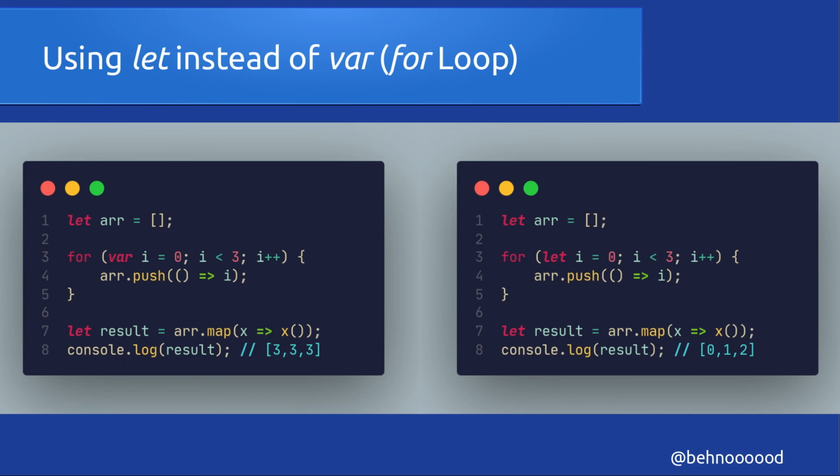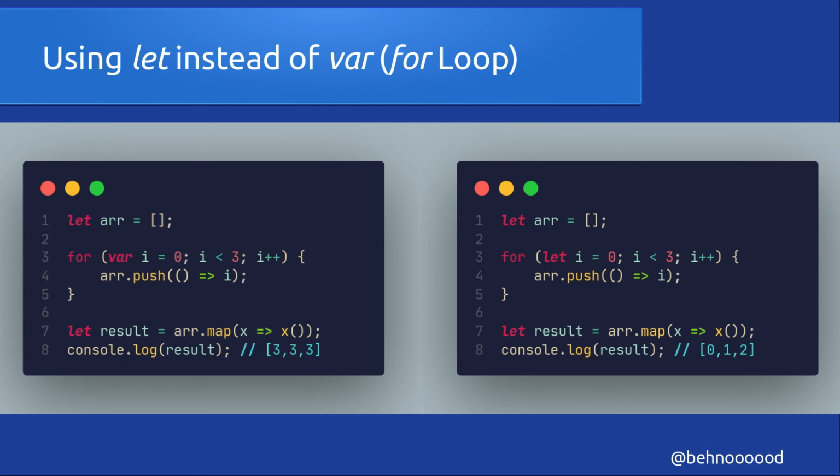If you declare a variable with let, a new binding is created for each loop iteration. This time, each i refers to the binding of one specific iteration and preserves the value that was current at that time.